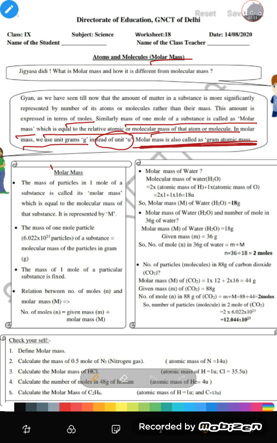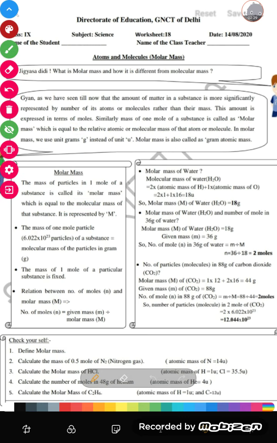So here we have it in points. First, the mass of 1 mole of a substance is called molar mass, as I told you, which is equal to the molecular mass of that substance, and it is denoted by capital M, right?